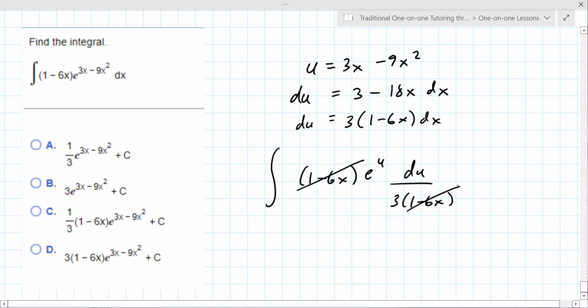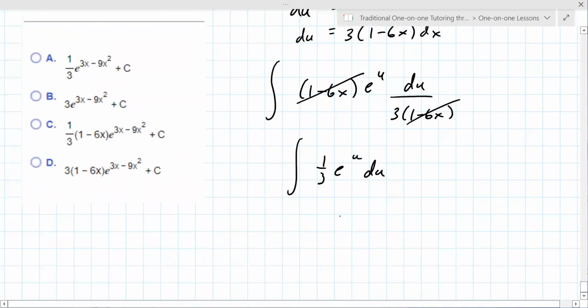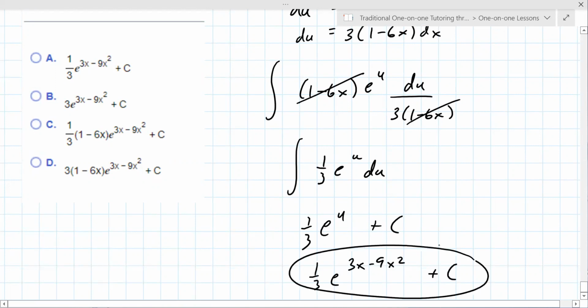Those cancel, and your integral is 1/3 e to the u du. Then your antiderivative is e to the u plus c, and your u is 3x minus 9x squared, plus c. So you can see it's letter A.